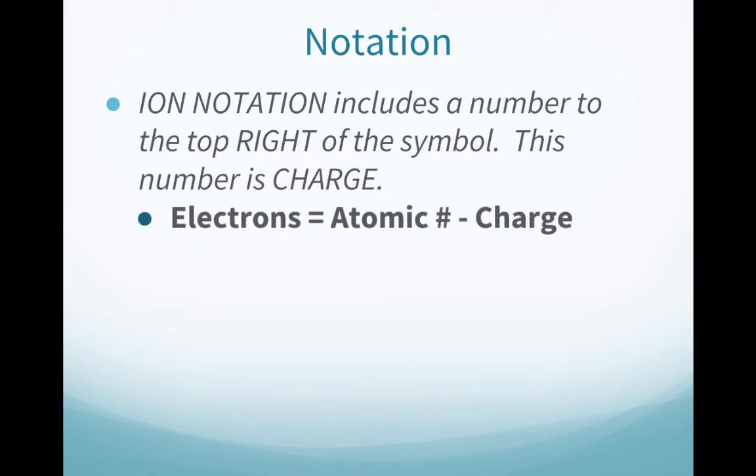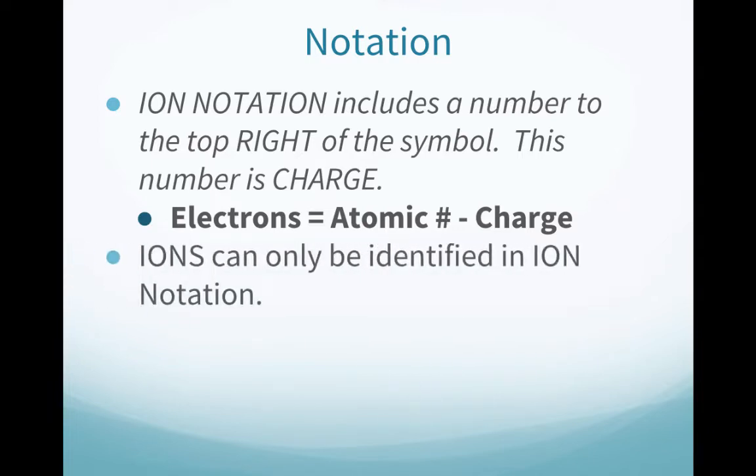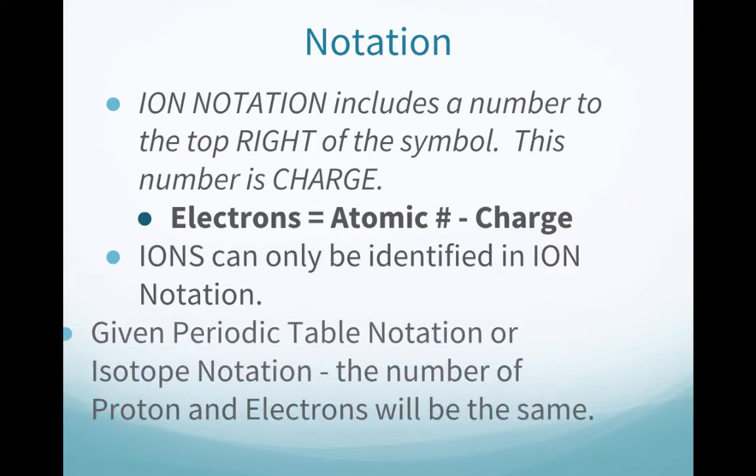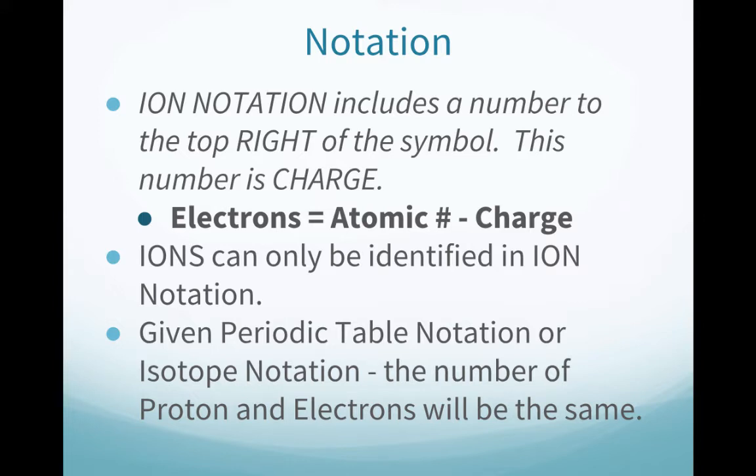And the number of electrons is the atomic number minus the charge. Ions can only be identified in ion notation, because if you're given periodic table notation or isotope notation, the number of protons and electrons will be the same. They won't have a charge given, so you won't have to change the number of electrons.